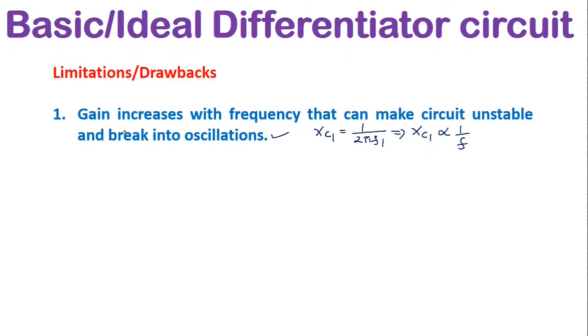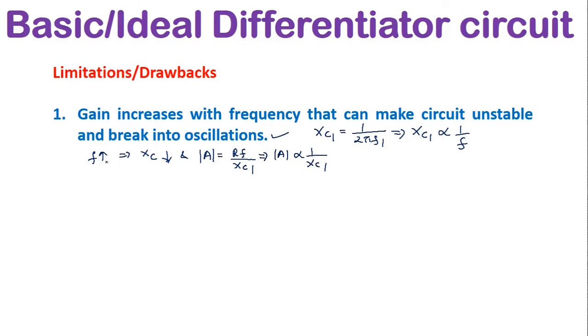So as frequency increases, the capacitive reactance will decrease, and we know that the gain of the differentiator will be equal to the feedback resistance Rf divided by Xc1, because it is an inverting configuration of the operational amplifier. This is the magnitude of the gain, which is equal to Rf upon Xc1. From this equation we can see that the magnitude of gain is inversely proportional to the capacitive reactance.